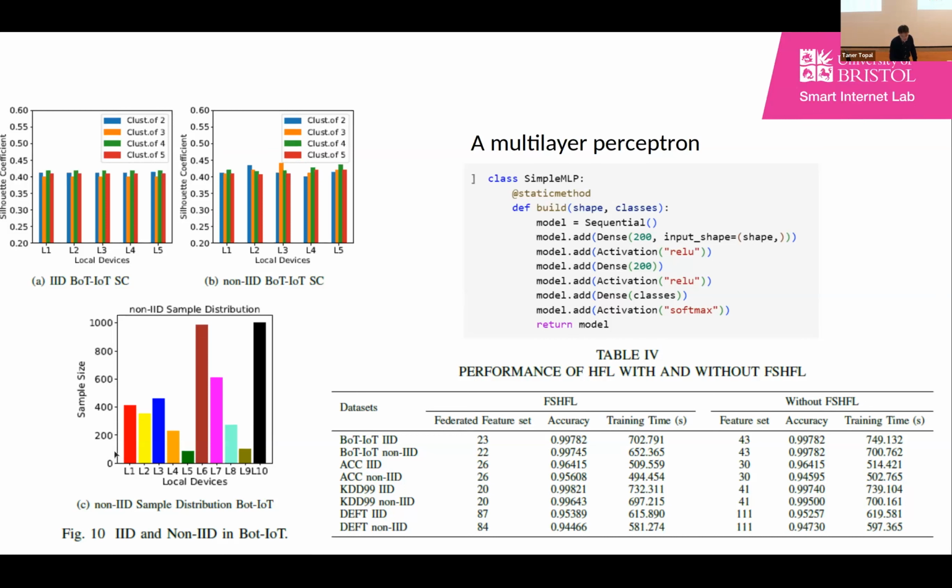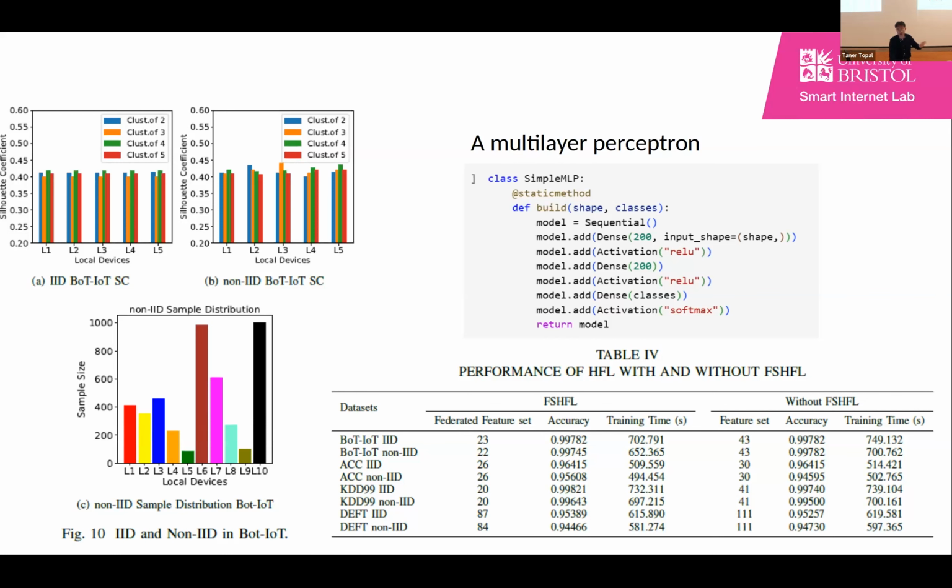And here are the non-IID data experiments. We built this dataset, and we can see that our feature selection improves the training time of the dataset with horizontal federated learning, as in federated averaging and federated SGD, as well as after the feature selection, which we call feature selection for horizontal federated learning.